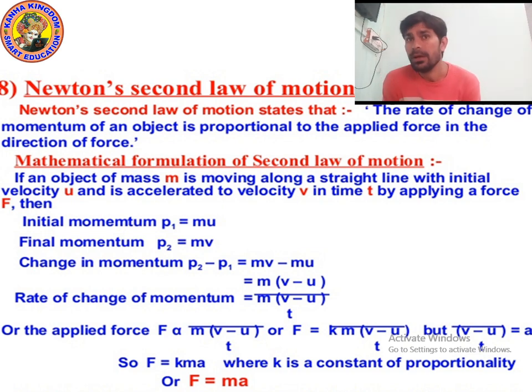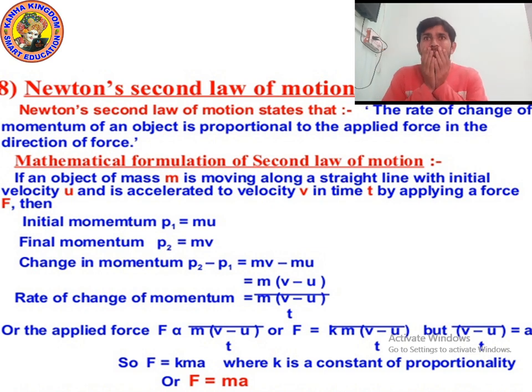If we put k equal to 1, then the formula will become F is equal to ma, which is actually the formula of force. So if we find out the unit of force, then we can say that the SI unit of force is Newton. The symbol is capital N, or one more unit is kilogram meter per second square.